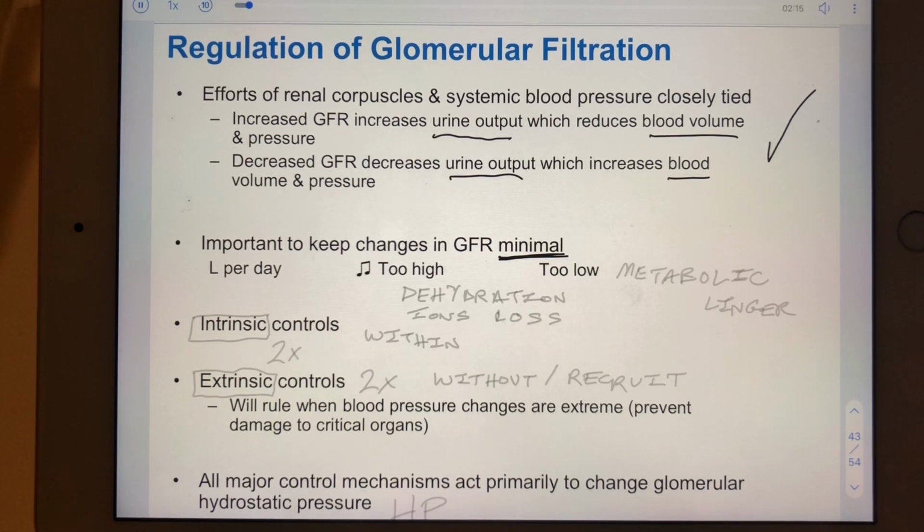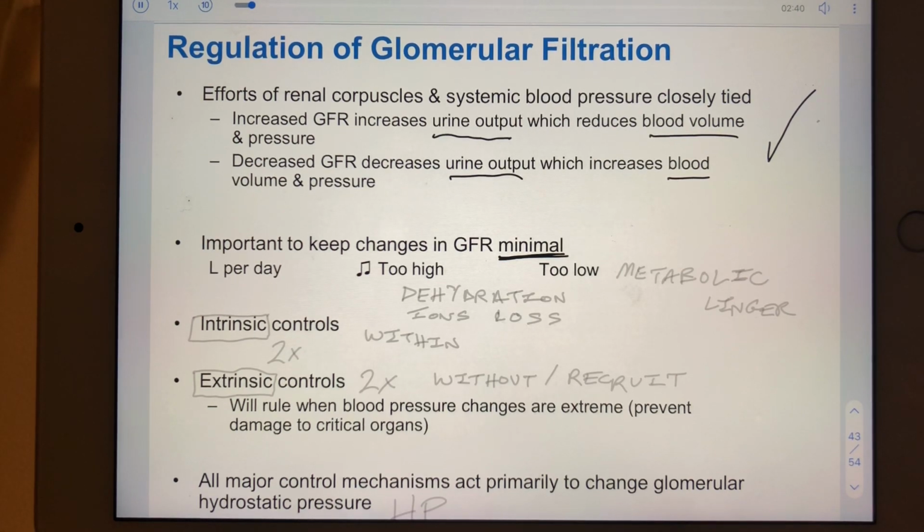We didn't make adjustments in glomerular filtration rate. What would happen? Well, we would end up with a urine output close to 45 liters per day. Can we afford to urinate out 45 liters per day?